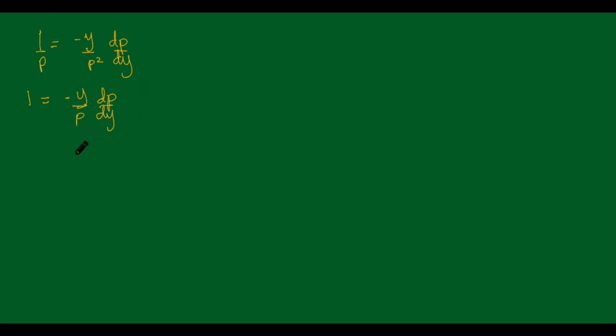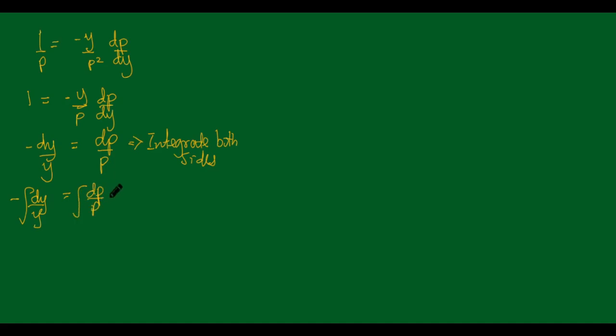So this looks like a situation where we can use separation of variables. So we simplify this to become minus dy divided by y to be equal to dp divided by p. So we can then integrate both sides. On integrating both sides, we have minus integral of dy divided by y is equal to integral of dp divided by p.